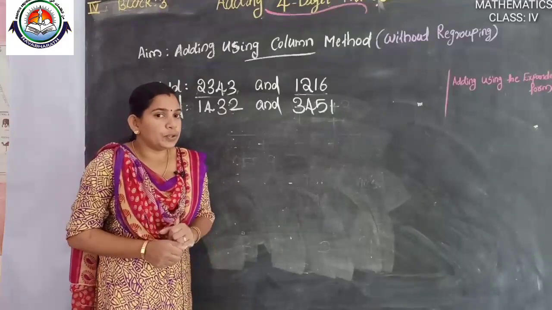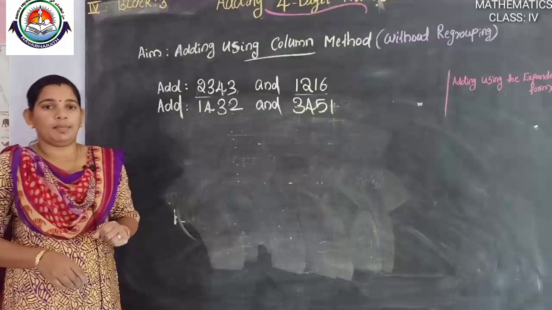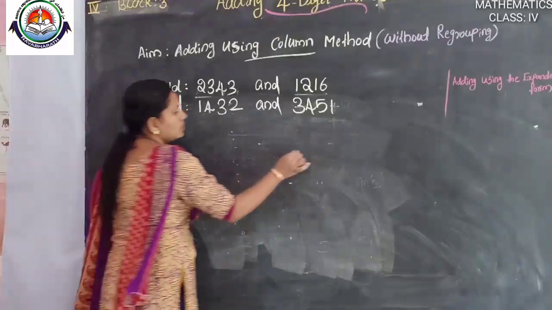First, what do we want to do? We are drawing the place value column. Okay.